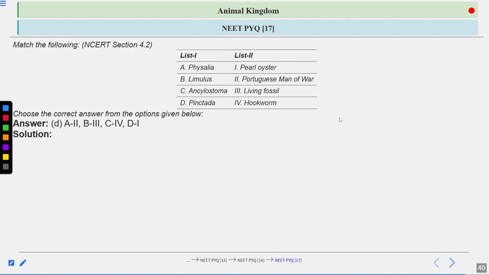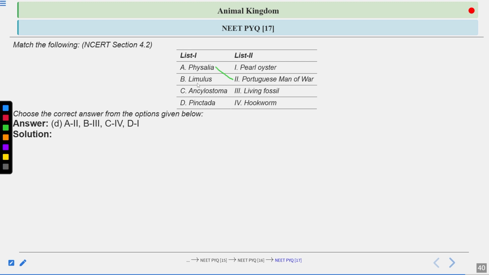So this is the question, list 1 and list 2. You have to match them, and the correct answer is option D. A2 means Physalia. Physalia's common name is Portuguese man of war, right?